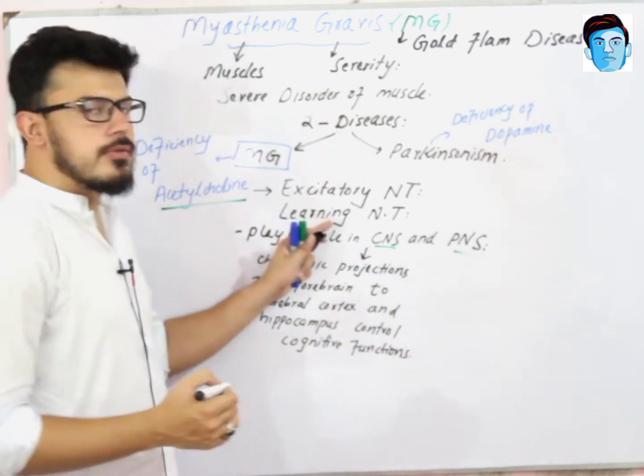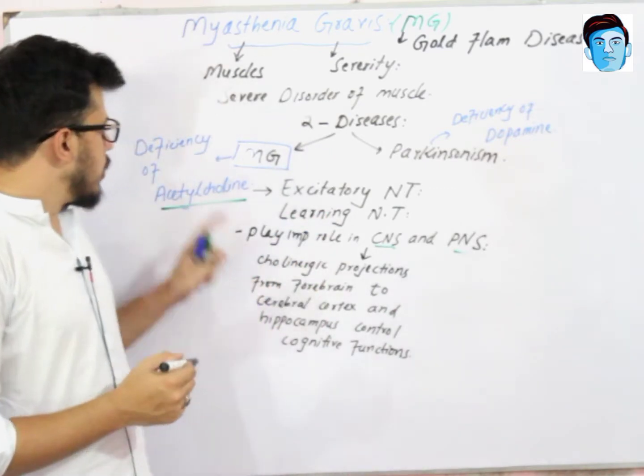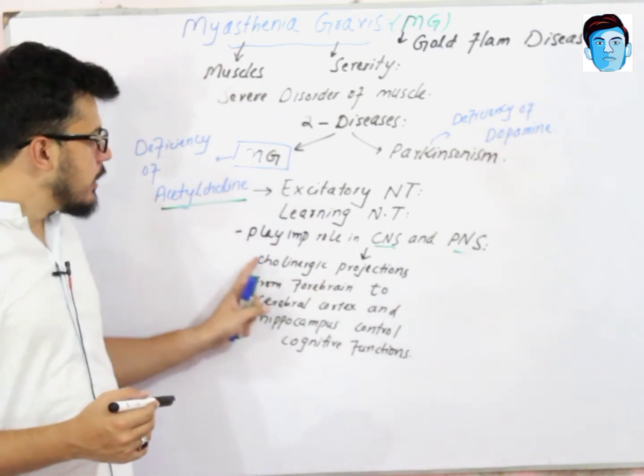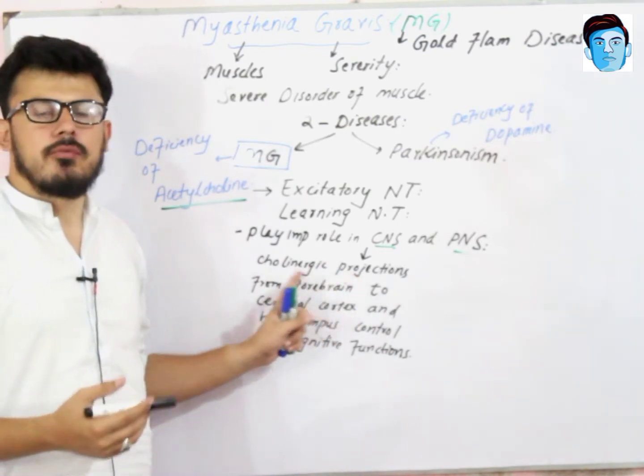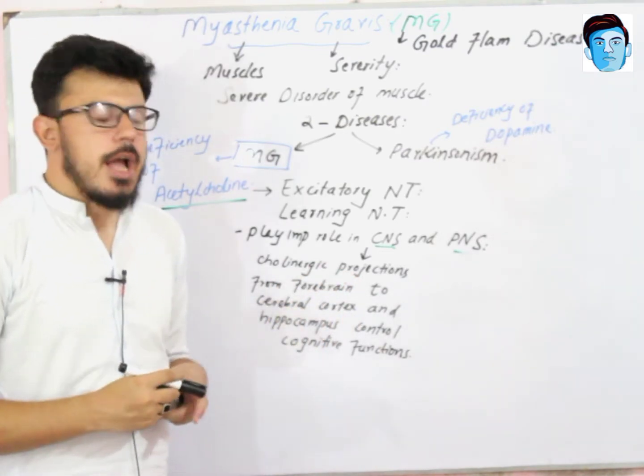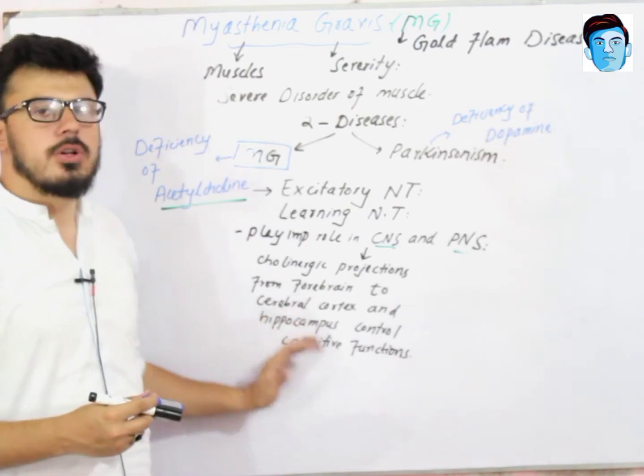So in case of CNS, the role of acetylcholine is as cholinergic projections from the forebrain to the cerebral cortex, where the hippocampus controls the cognitive function.